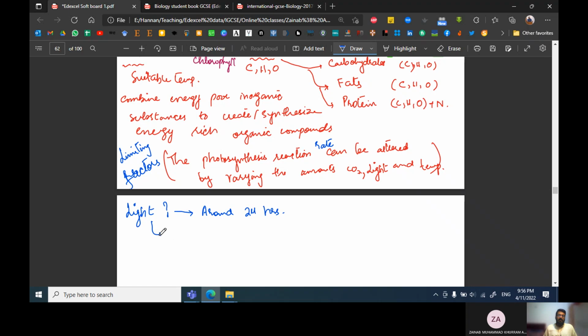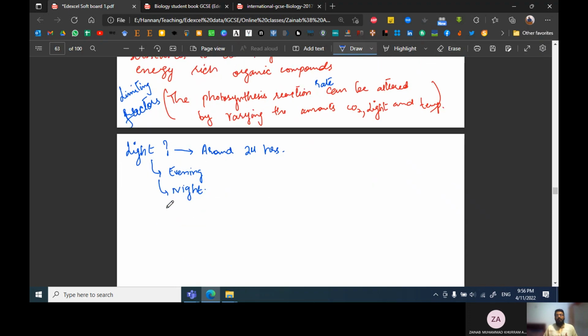But we must know that the very major alteration or change in light for photosynthesis is in the evening and in the night, obviously. These are two major changes. In both of these times, and let's include the day, because we are not discussing the decreasing intensity of light, we are just saying the changing intensity of light.